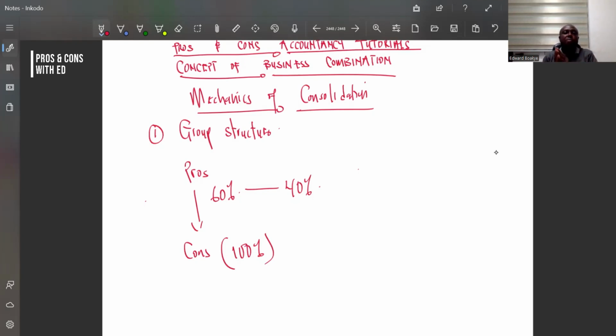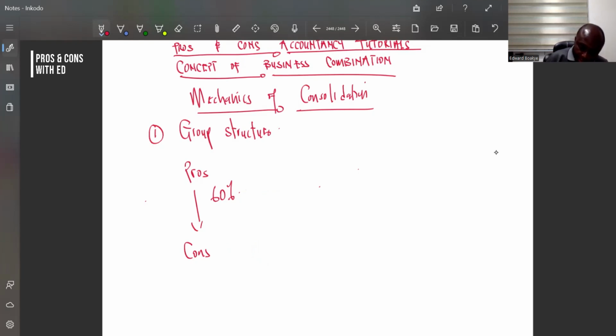So we are going to have the parent and then the NCI. However, Cons itself is the 100% subsidiary, which has been distributed into parent and then the NCI. Basically, this is the group structure. It shows that Pros is purchasing 60% of Cons.